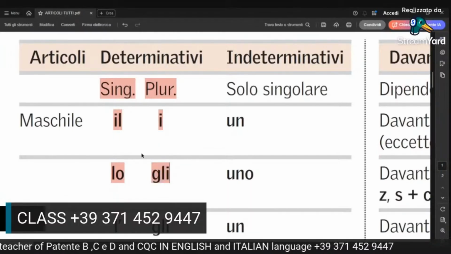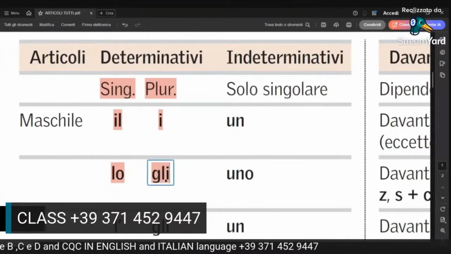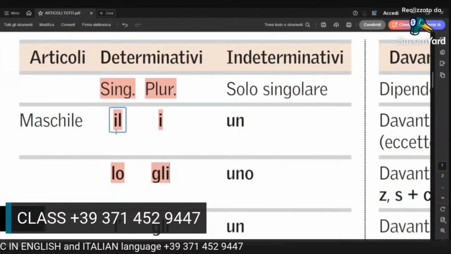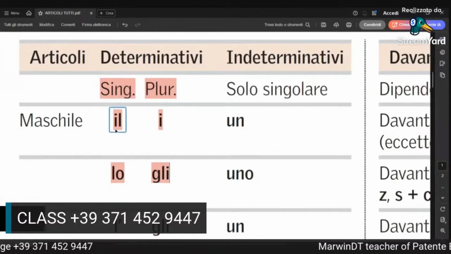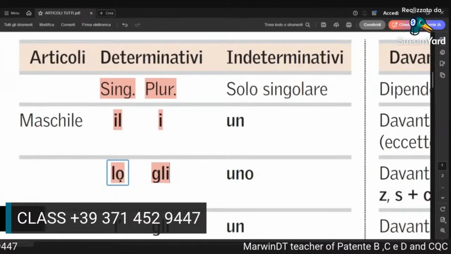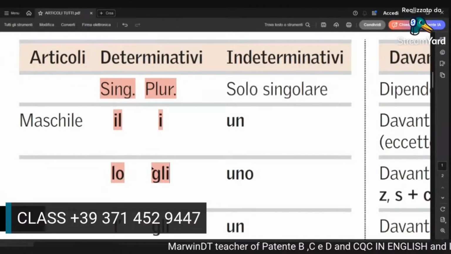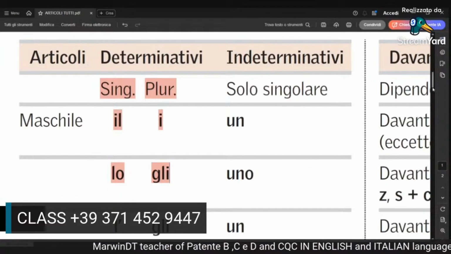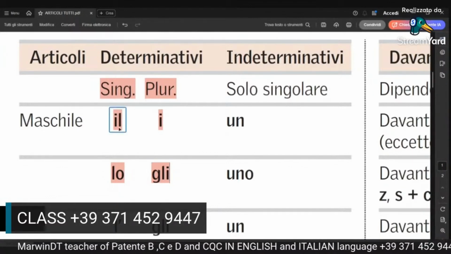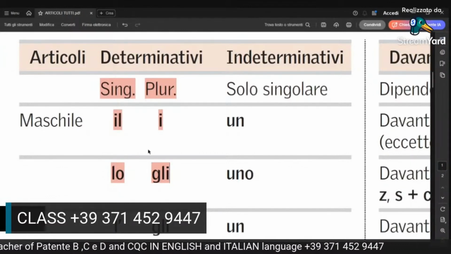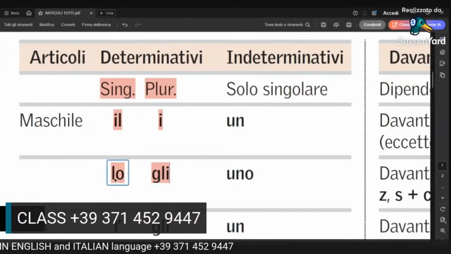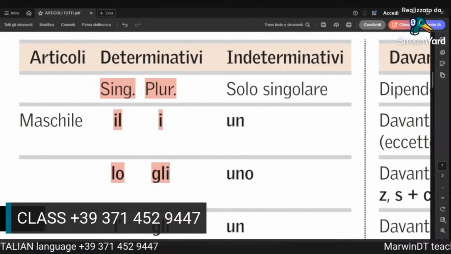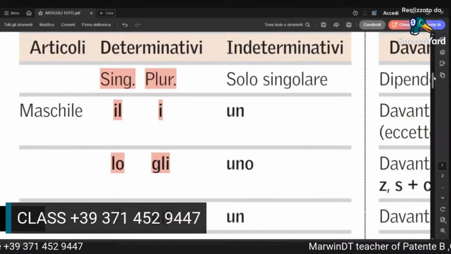The plural of lo is gli. Meanwhile, the singular of il becomes what? Lo. Later we will see why it changes from il to lo and from i to gli, and then why it changes from lo to gli also. We'll find it out right now.